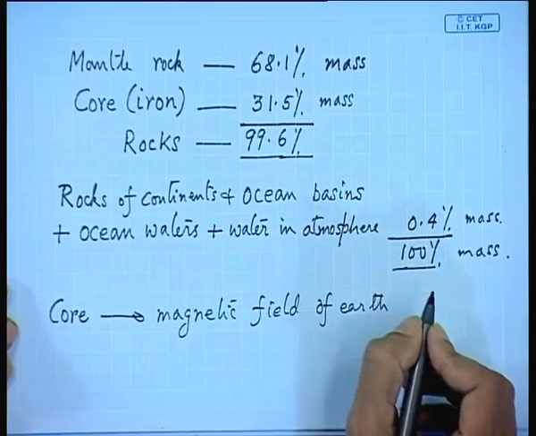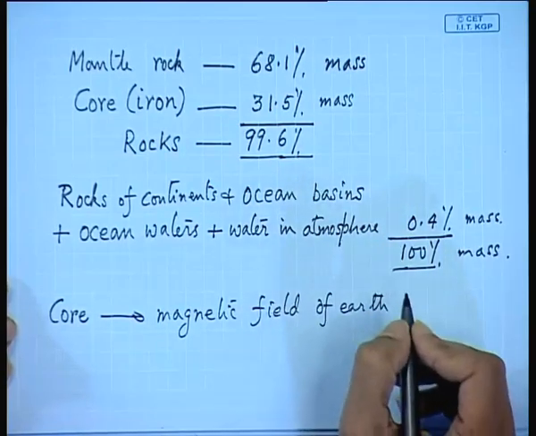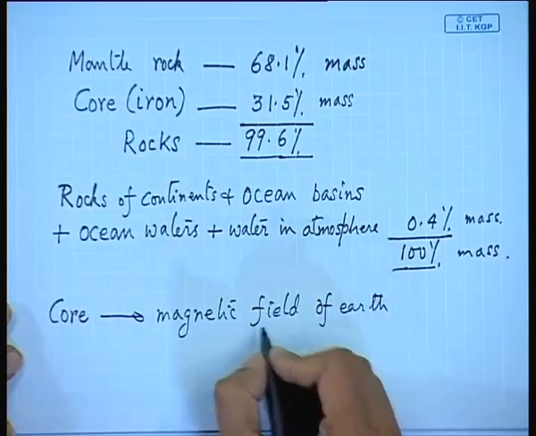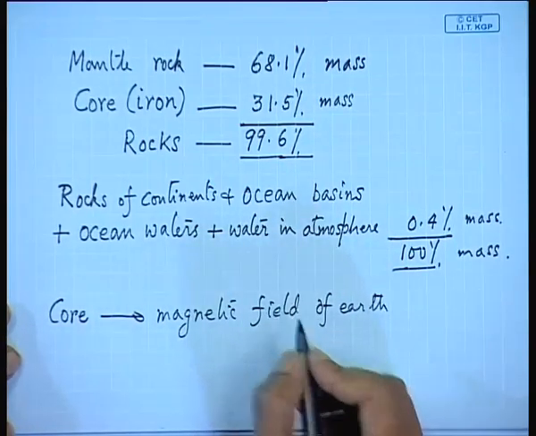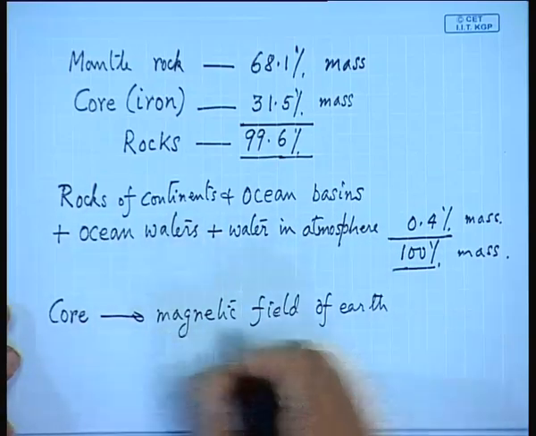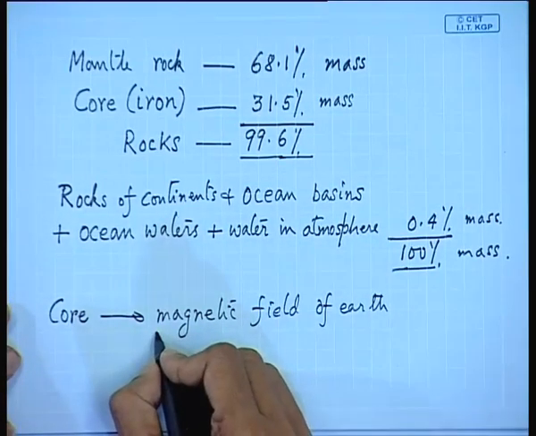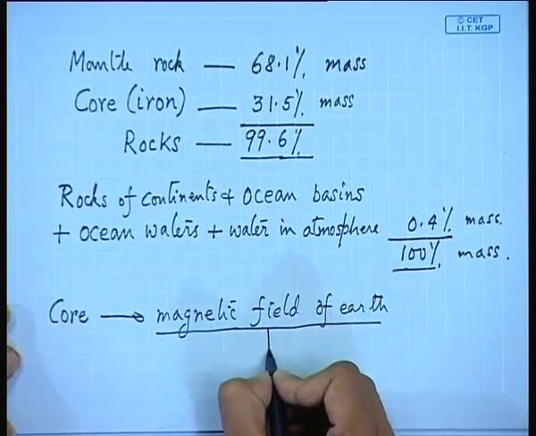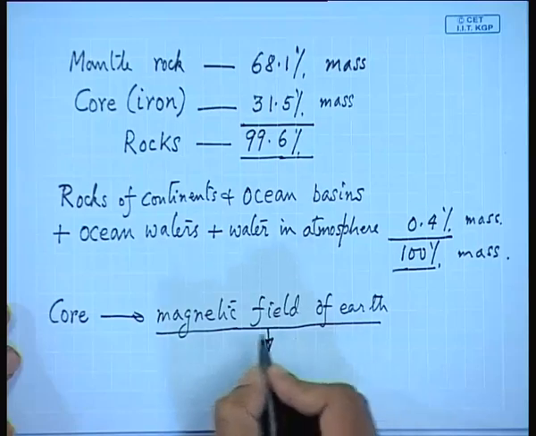Now, this is very important from our point of view, those of us who are studying ocean engineering. This magnetic field is used in what is called, later on we will come to know, magnetic survey.